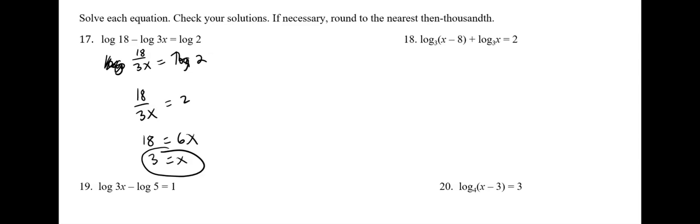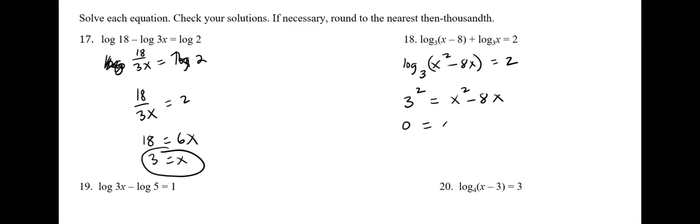18, I got 2 logs on the left side of the equation, so I got to join them together using multiplication. This is the product property. And now I've got to turn this into an exponential equation. So log equations become exponential. So the base of 3 raised to an exponent of 2 equals x squared minus 8x.